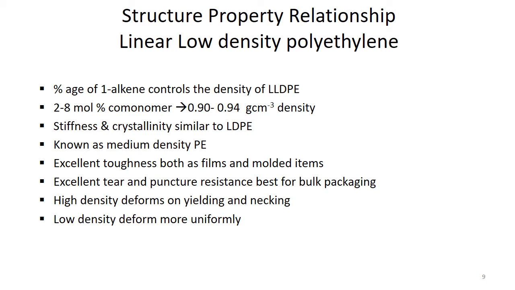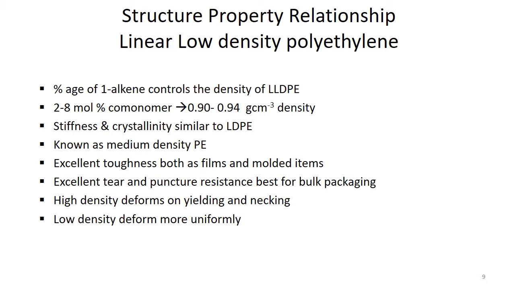Linear low density polyethylene products have similar degrees of crystallinity and stiffness compared to their low density polyethylene counterparts. Transparency and flexibility increase as the density decreases. The properties of high density grades of linear low density polyethylene approach those of high density polyethylenes.